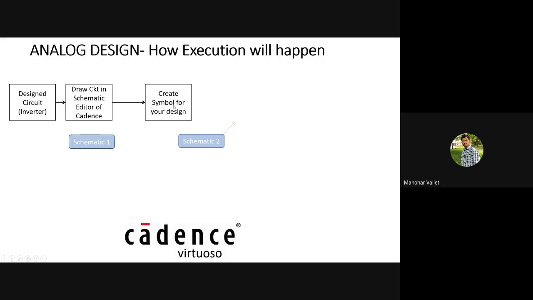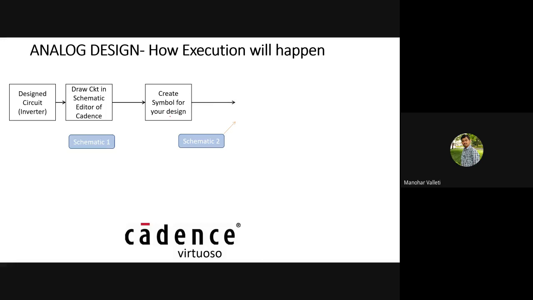You simply design one inverter and create a symbol for that. Then you take 10 of that symbol. So it is easy to build any design, and the complexity can be avoided. Whatever procedure I'm telling is an easy way of execution in the Cadence tool.